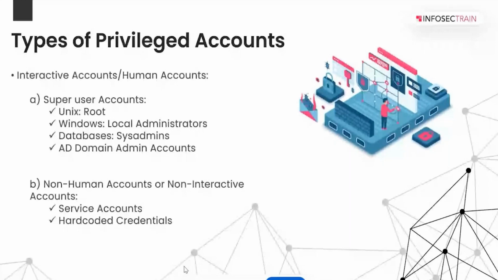As I said, these are non-interactive accounts. Without any human interaction, your task is being performed in the backend by these hard-coded credentials, by the script. So there is no human interaction, and this is the first type of non-interactive accounts.